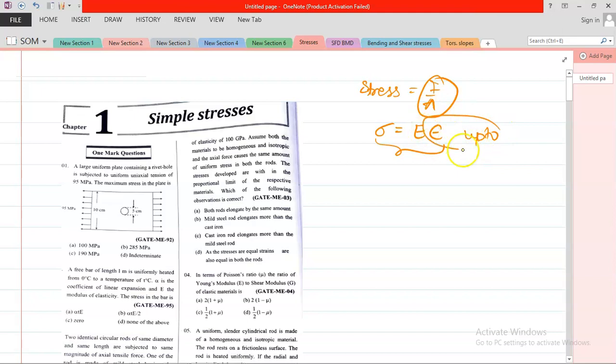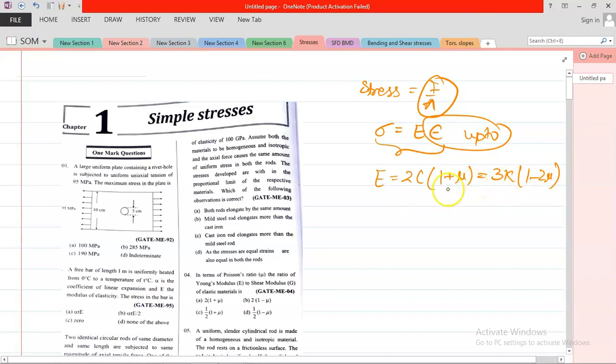Remember these two concepts and the relations: E = 2C(1 + mu) = 3K(1 - 2mu). To remember this, in the first it is 1 plus 1, since the coefficient of mu is 1, so 2 goes here, and in the other the coefficient is 1, so 3 goes here. Learn these two things; this will be very helpful in the exam.